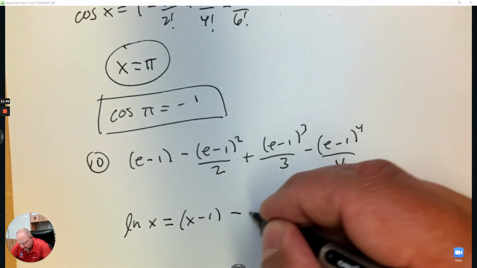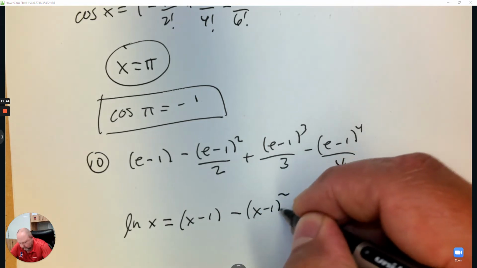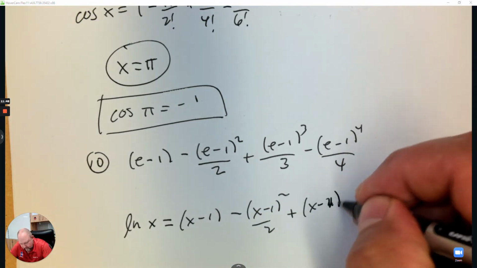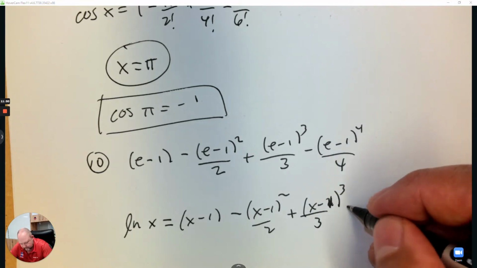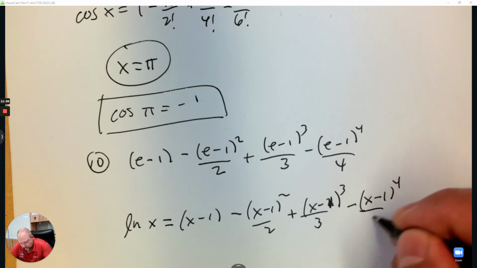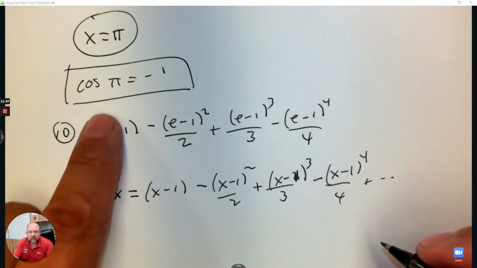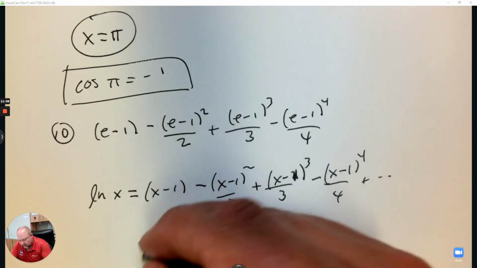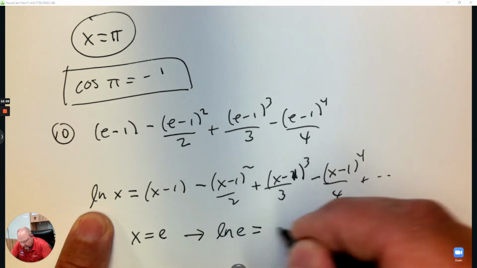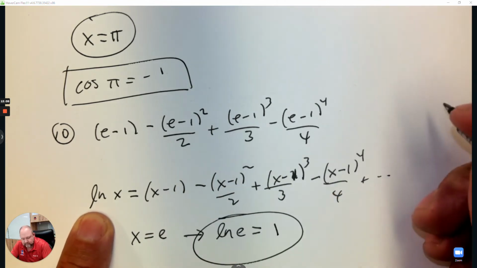X minus 1 squared over 2, x minus 1 to the 3. So when you look at this pattern, what does x equal? X equals e. So then ln e, and you have your answer.